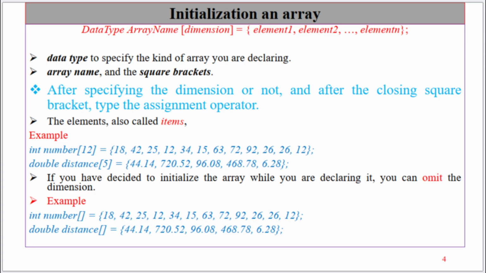Example: int number[] = {18, 42, 25, 12, 34, 15, 63, 72, 92, 26, 26, 12}. double distance[] = {44.14, 720.52, 96.08, 468.78, 6.28}.